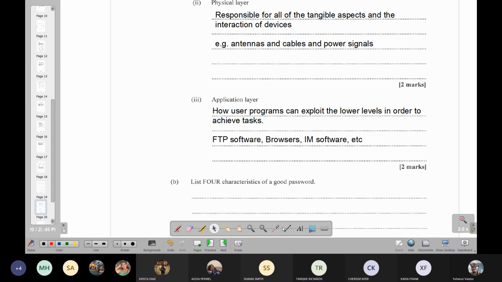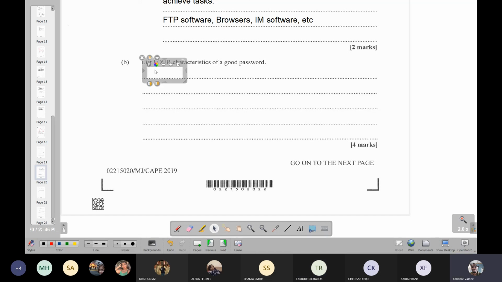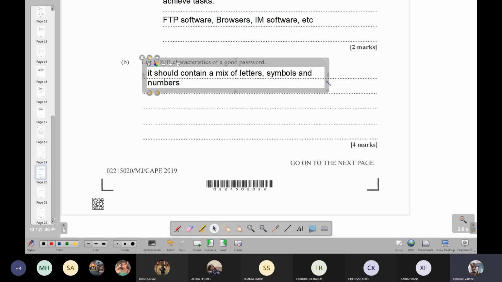Yes, sir. Four characteristics of a good password. Honestly, for a question like this, alphanumeric, if you didn't grab these marks, you needed licks. It should contain a mix of letters, symbols, and numbers.